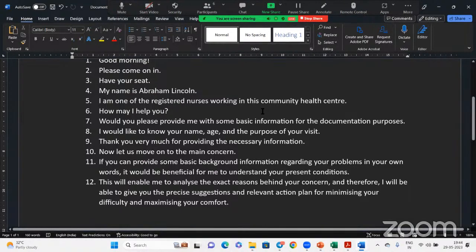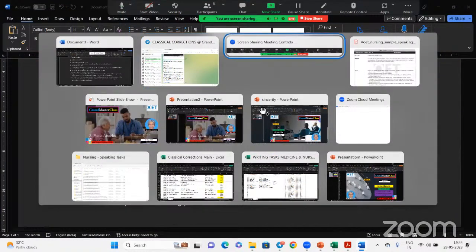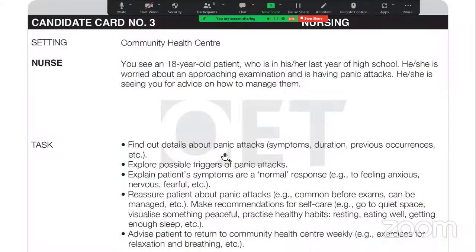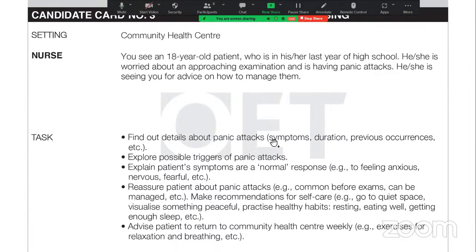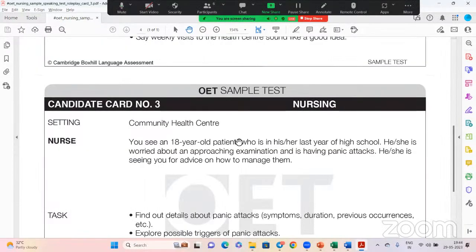Next one. So we are moving to the main course. Find out the details about panic attack. Symptoms, duration. Find out details about panic attack. This is bullet point number 1.